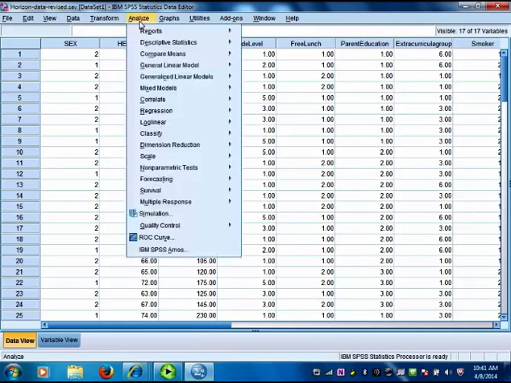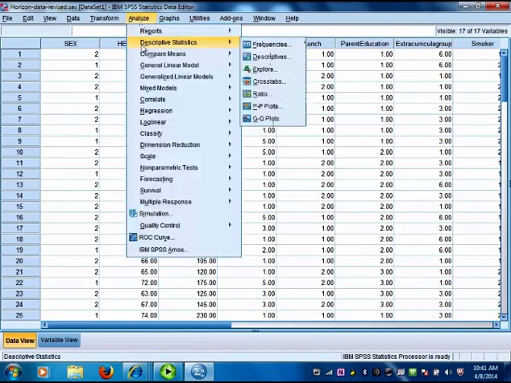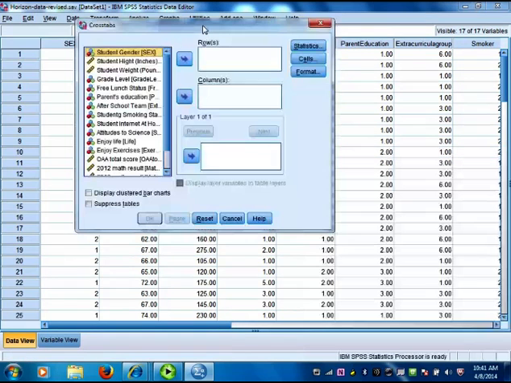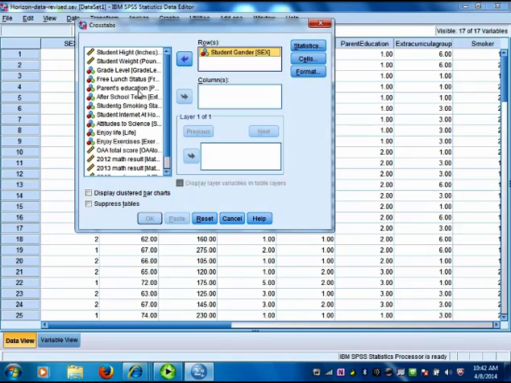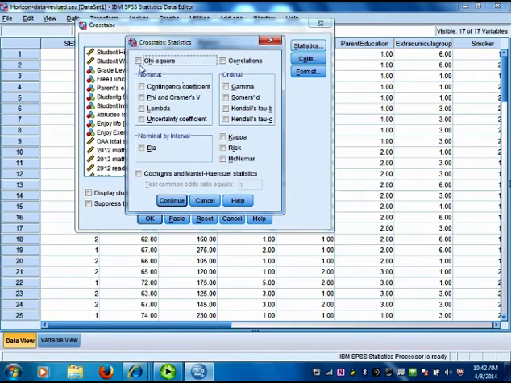If I go to Analyze, then Descriptive Statistics, then Crosstabs, I'm interested in gender and extracurricular activities. You can see there is a Statistics button here that you would check for chi-square. So if I go to Statistics, then I can check chi-square.